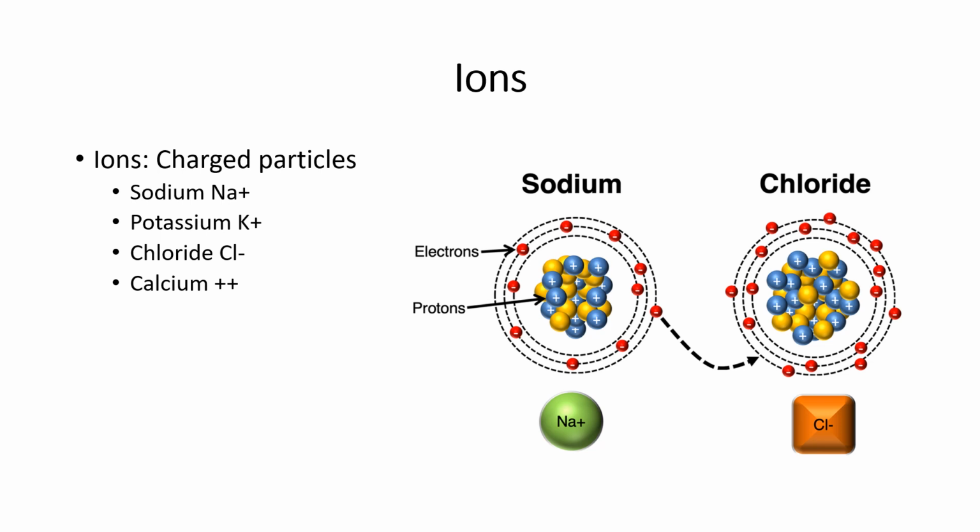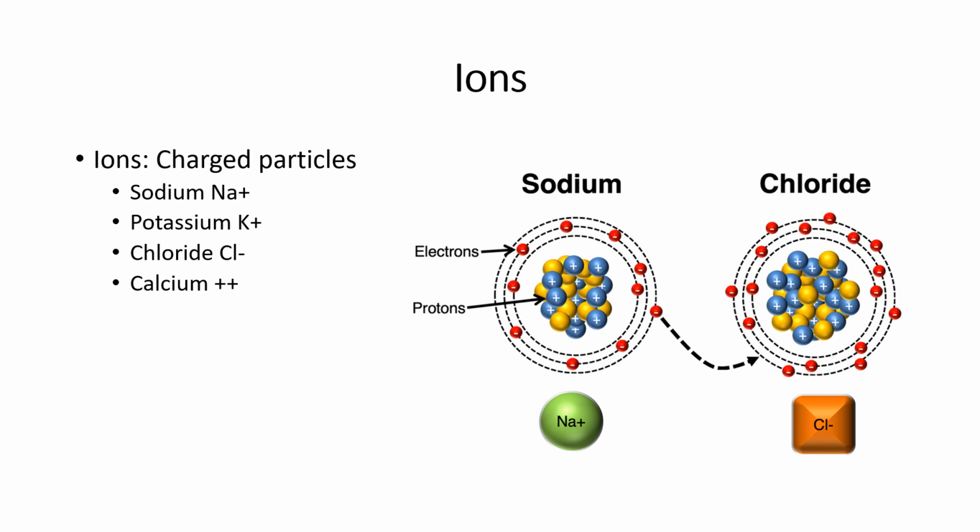Chloride is also a charged ion, but it is negatively charged, and calcium is positively charged. So what does that really mean? Well, that means these ions can influence the overall charge of a cell. And we'll take a look at the details of how that happens.